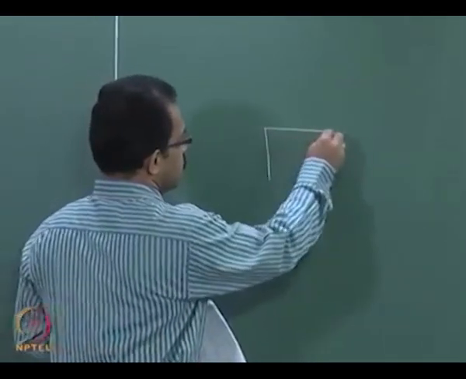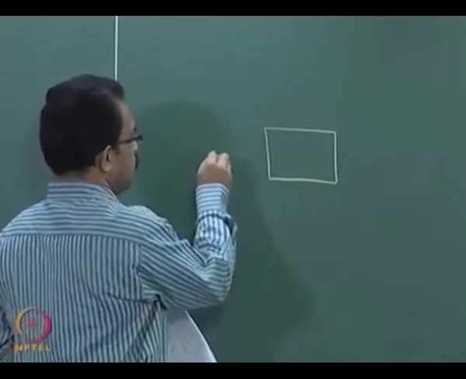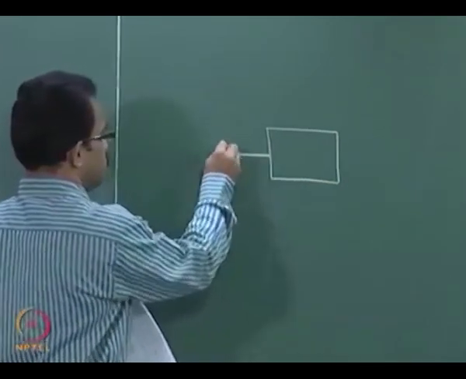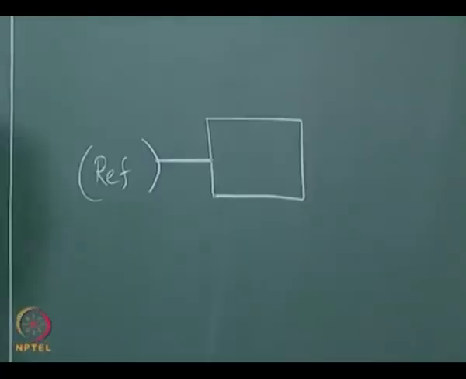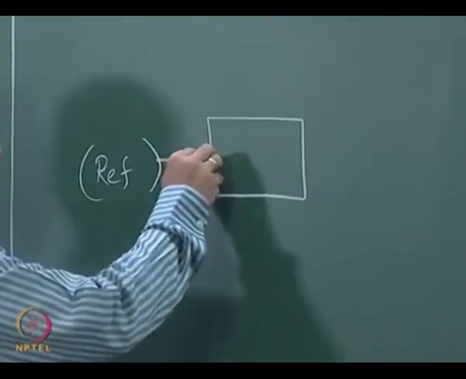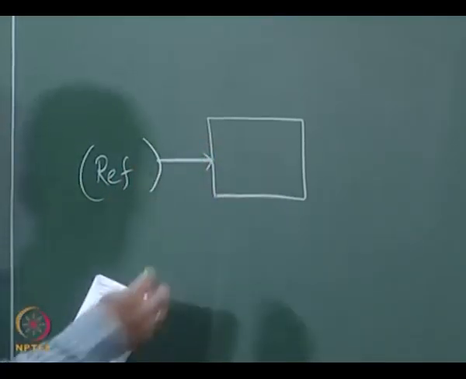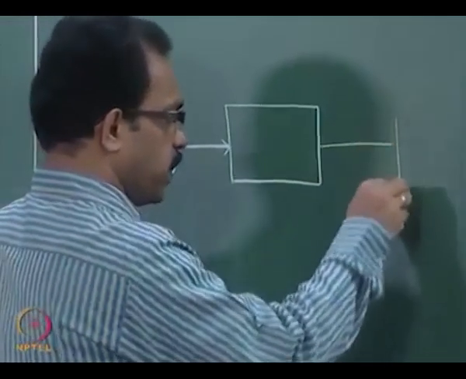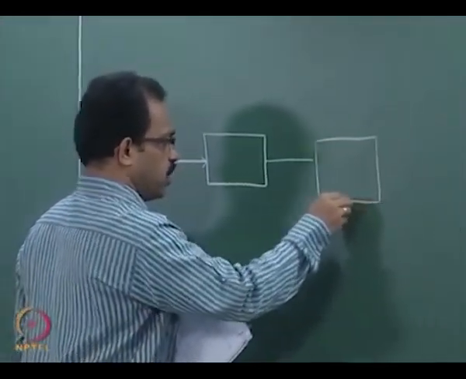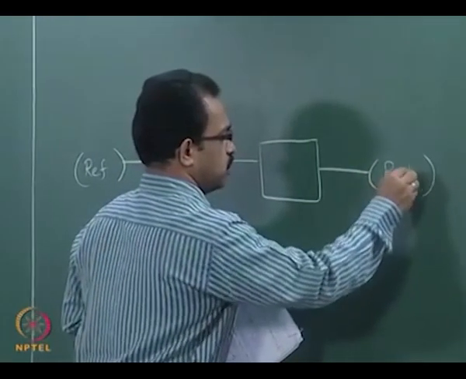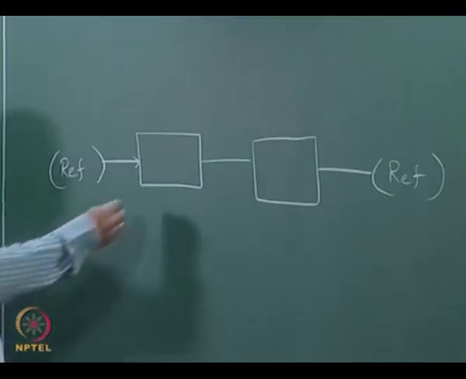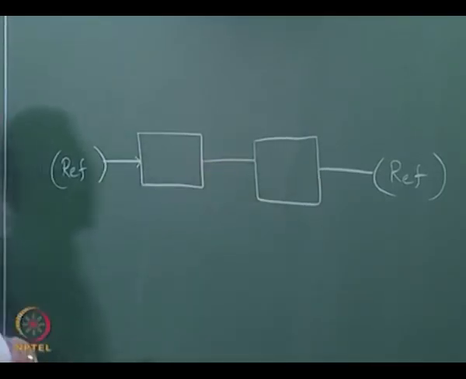We start with a reference function, which may be an external function or a function of a subsystem. From that reference one function is executed, then the next function is executed, and then it goes to the external system or the other subsystem. This is a serial execution.